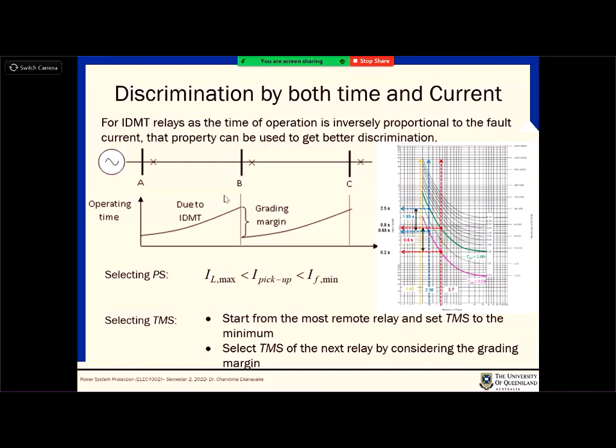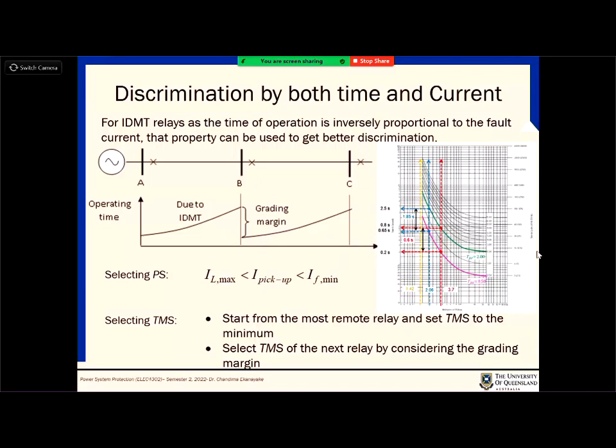right? So you set the time dial setting of the relay at B for one of these characteristics. You say that, okay, my time dial setting is 0.5. So this is the operating curve for that. Now, I have a certain pickup current for this relay, right? I set that pickup current based on the lowest fault current in this line, which is the fault current somewhere here, right?